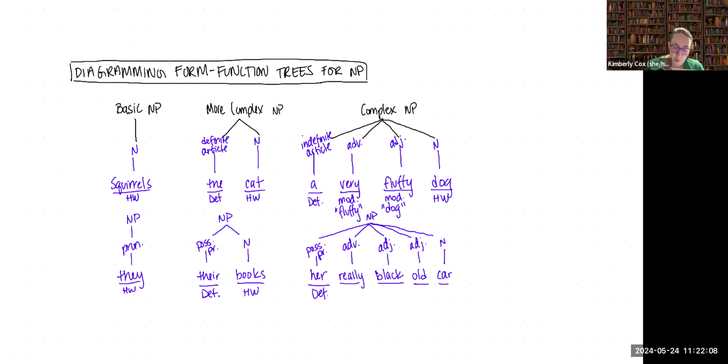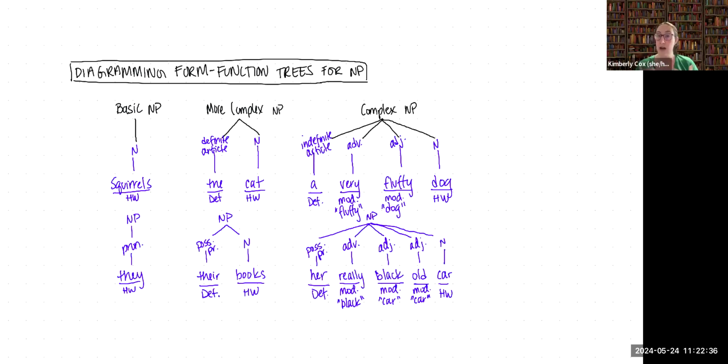Because really appears next to black, it's going to be modifying the intensity of the black, whereas black will modify car just as old modifies car. If we said her black really old car, then really would modify old. And car is going to be the head word of that noun phrase.